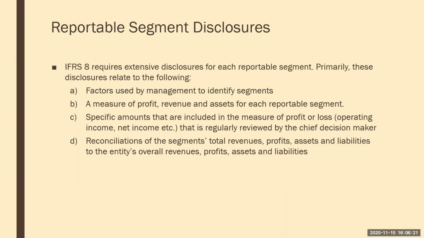Reconciliations of the segment's total revenues, profits, assets, liabilities to the entity's overall revenues, profits, assets, and liabilities. And then finally, revenues segregated by product or service and by geographical area.